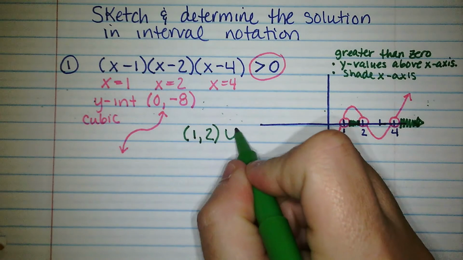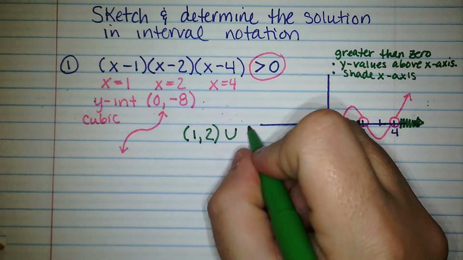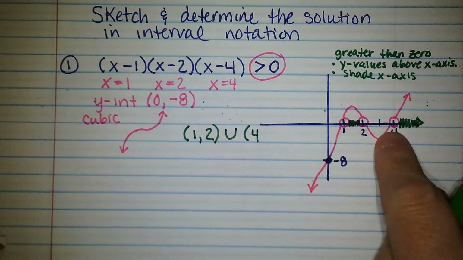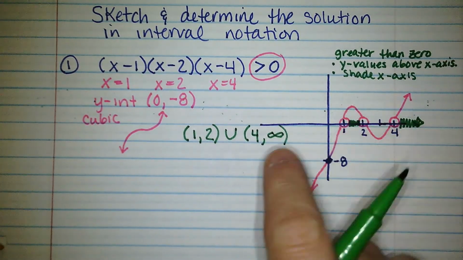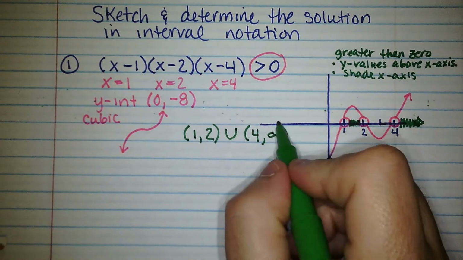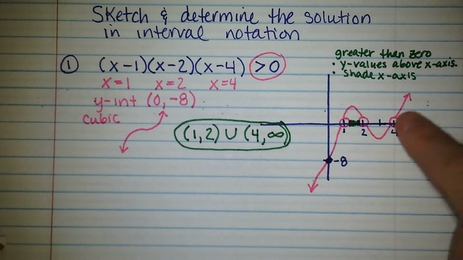Then we have a union, and then from 4 to infinity. And 4 is in a parenthesis because it's an open circle. Parenthesis is always for infinity. So this is our solution, and there is our sketch.